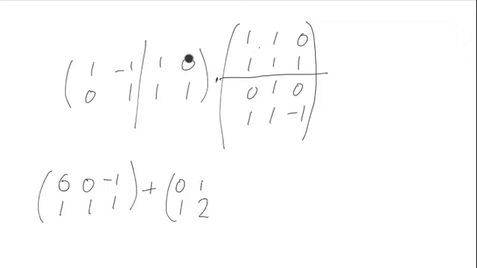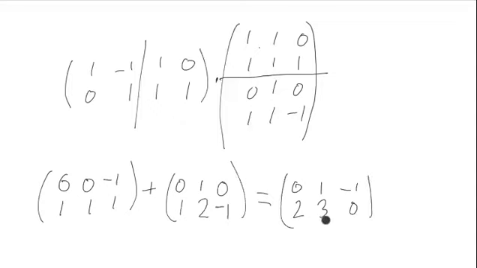This means take the negative of that column right there, so 0, negative 1. Now we can add these together. So adding component-wise, or I'll just add column to column here, we end up getting 0, 2. Here we get 1, 3, and here we get negative 1, 0. And this is the result.